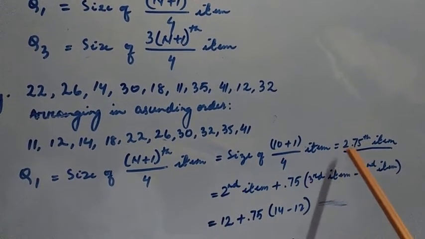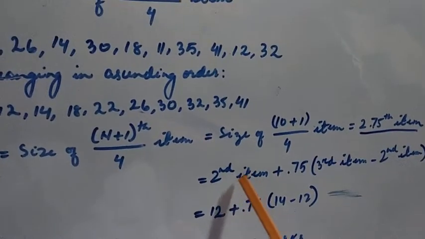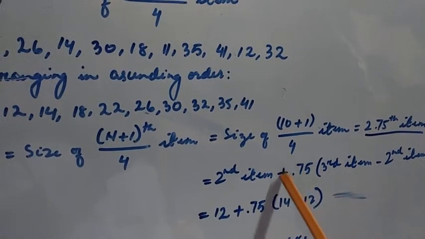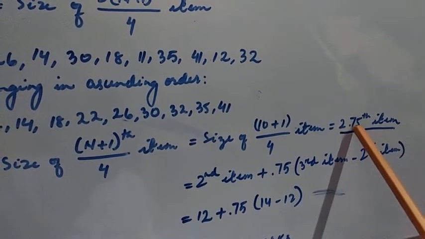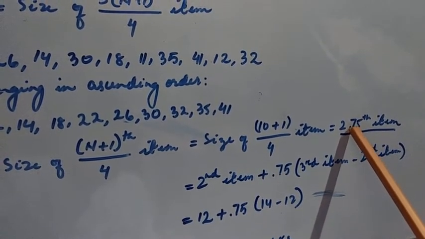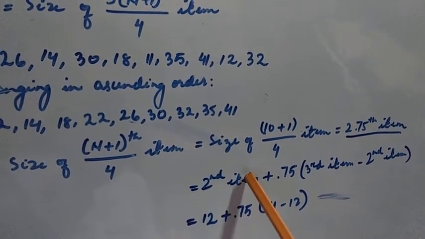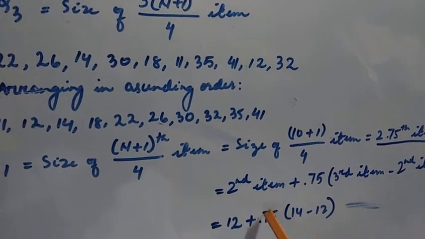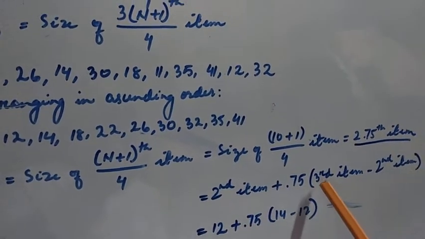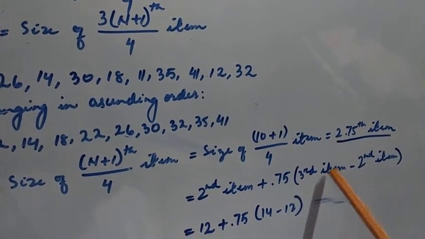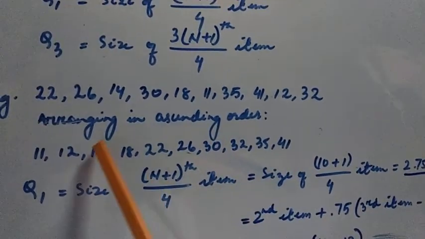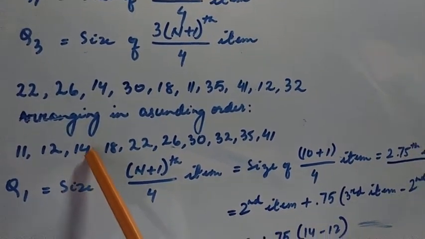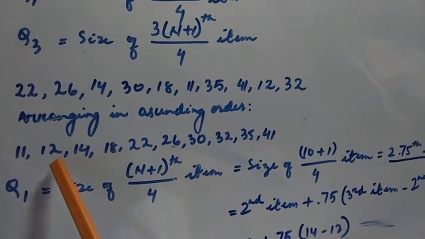So the 2.75th item means the second item plus 0.75, so be careful of this point. The second item is 12, plus 0.75 times the third item minus the second item. The third item is 14 and the second item is 12.